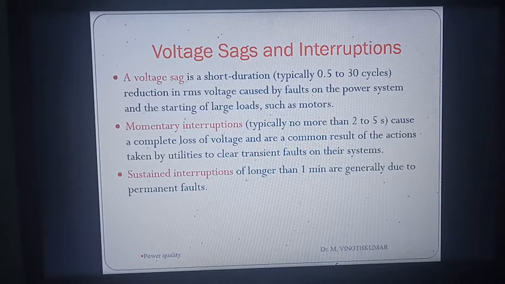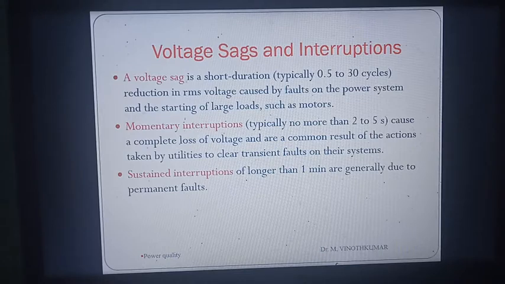The voltage sag is a short duration, typically 0.5 to 30 cycles, reduction in RMS voltage caused by faults on the power system and the starting of large loads such as motors. The momentary interruption causes a complete loss of voltage and is a common result of the action taken by utilities to clear transient faults on the system.